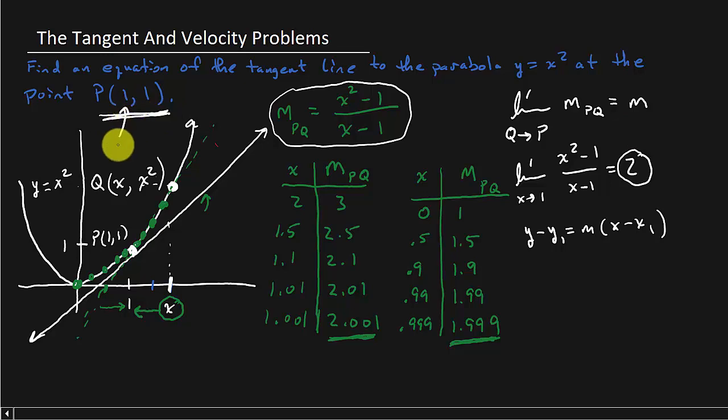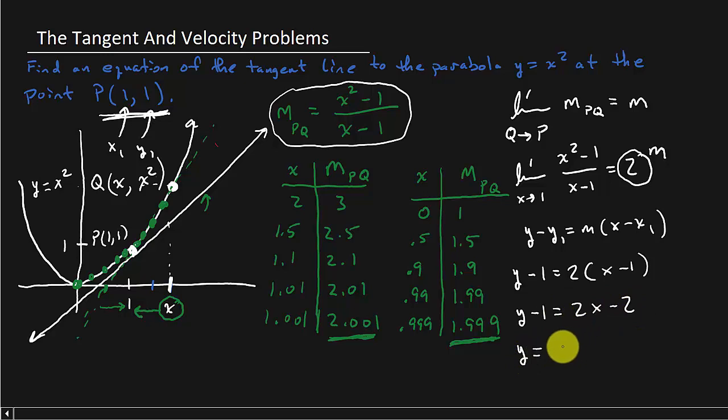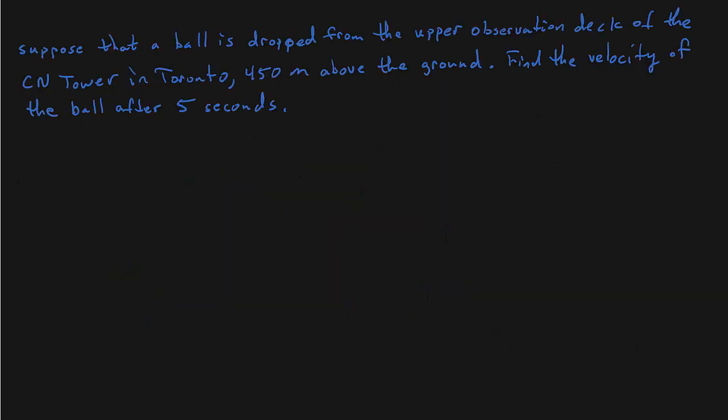So this is x1, this is y1, and the 2 is our m. And so I get y minus 1 equals 2 times x minus 1. So y minus 1 is 2x minus 2. And so y equals 2x minus 1. And that is the equation of the tangent line.